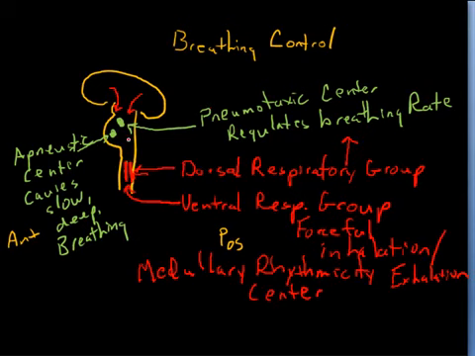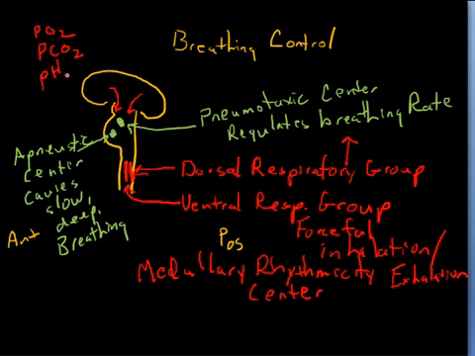All right, so these centers then are sensitive. They have to monitor something. They're going to monitor something in the blood. But what do you think it is? Well, you could monitor oxygen, you could monitor carbon dioxide, and you could monitor the acidity of the blood, or pH. So if we're monitoring oxygen, we would monitor PO2. If we monitor carbon dioxide, we'd monitor PCO2.